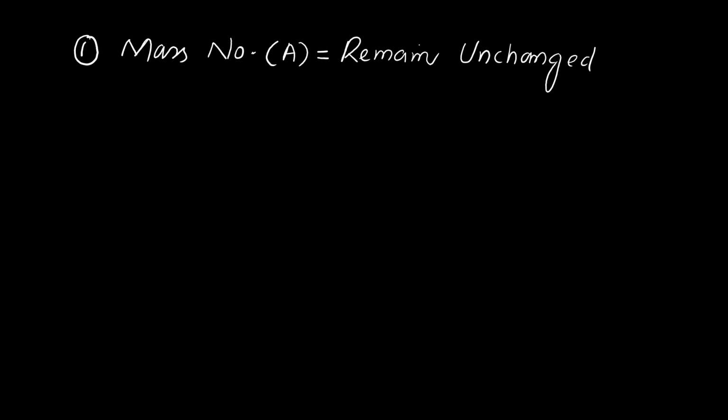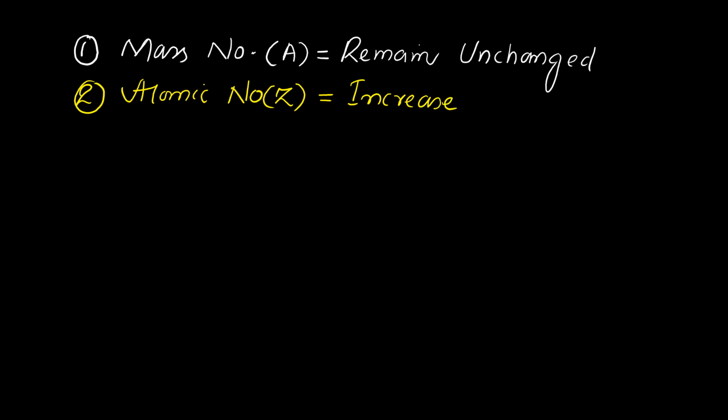And number 2, in beta decay, atomic number Z increases by +1. So in this way, you can easily find the elements which are going through a beta decay.